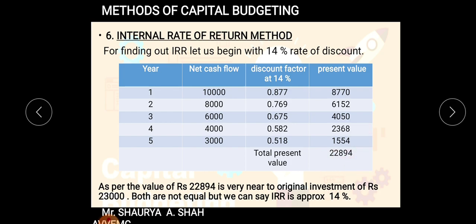Adding up, I get 22,894, right? Now here, students, one doubt may arise in your mind: how do you calculate the discounting factor? If it is given in the question, then it is okay. But if it is not given, for the first year, take the calculator and calculate 1 divided by 1 plus the rate.